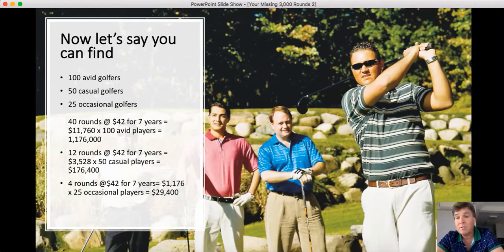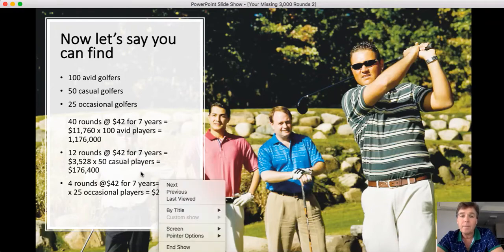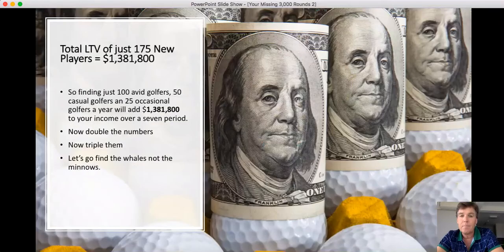$29,400. So you can see the math is pretty powerful, and you don't have to reach that many new players in order to make a significant impact on your bottom line. The total lifetime value of 175 new players amounts to $1,381,800 over a 7-year period.